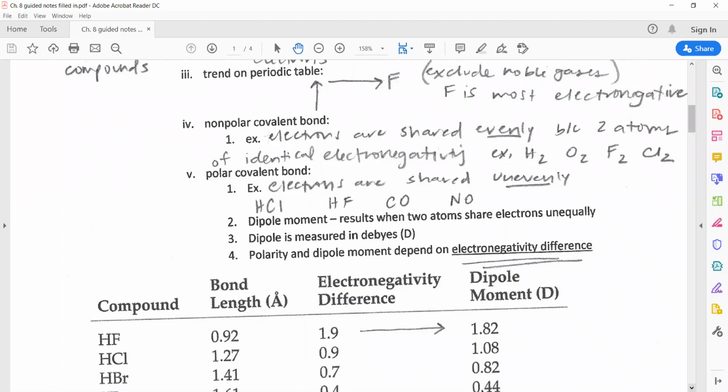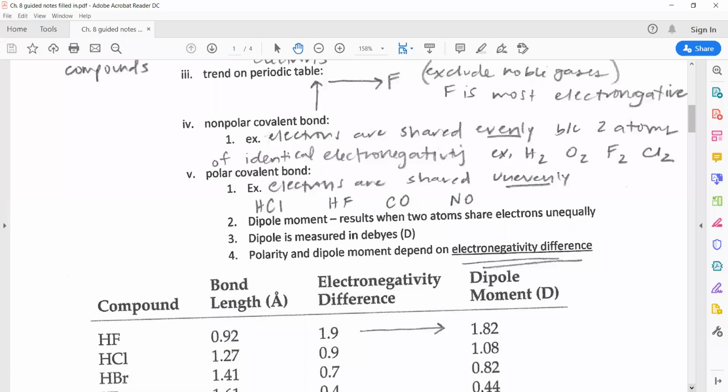But then we also can talk about the degree to which it is polar. The bigger the difference in the electronegativity, the more polar it is. If you think about the two kids with a toy again, if it's a 2 and a 3-year-old, it might be a fairly even match, but the 3-year-old might pull the toy a little bit closer to himself. That would still be polar because one person is pulling harder. But if you put a 2 and a 10-year-old together, that would be much more polar because the 10-year-old would pull the toy much closer to himself than the 2-year-old.